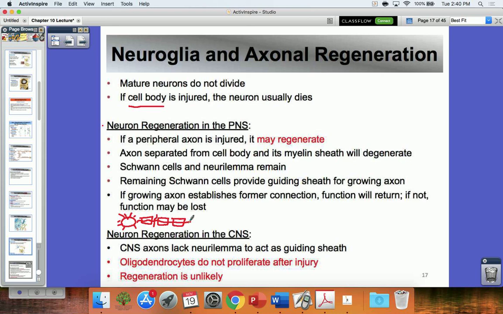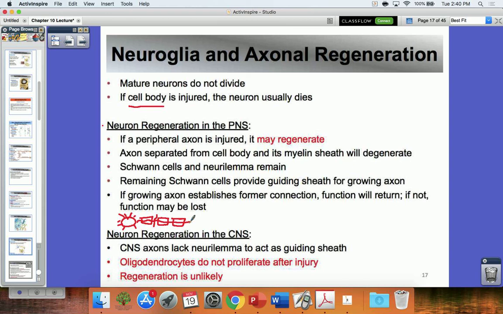And there's a better picture on the next slide. And then if it regrows in such a way that those axons connect and the transmission of nerve impulses can happen, then that nerve will be back to normal. You've seen people that may have lost the function of a limb and then eventually start to walk again.